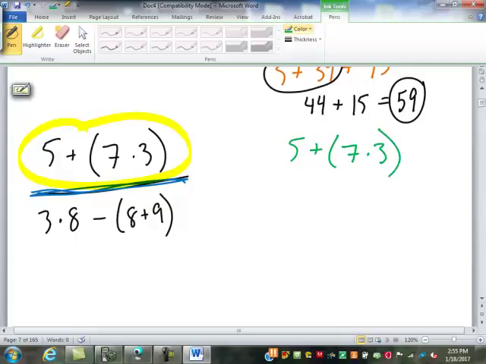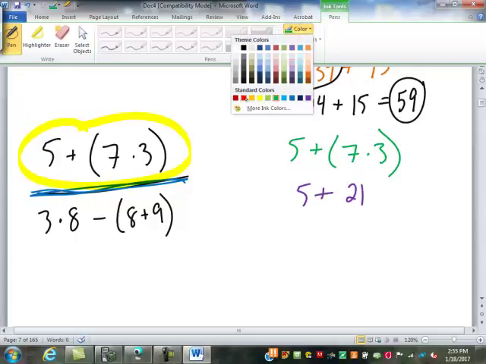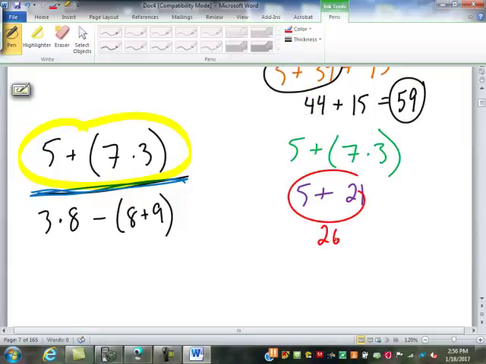We have parentheses there. Are those parentheses even needed? No, we would have done the 7 times 3 first anyway, wouldn't we? So 7 times 3 is 21. And then we can just do the 5 plus 21 is 26. Good. So the top of this is 26.